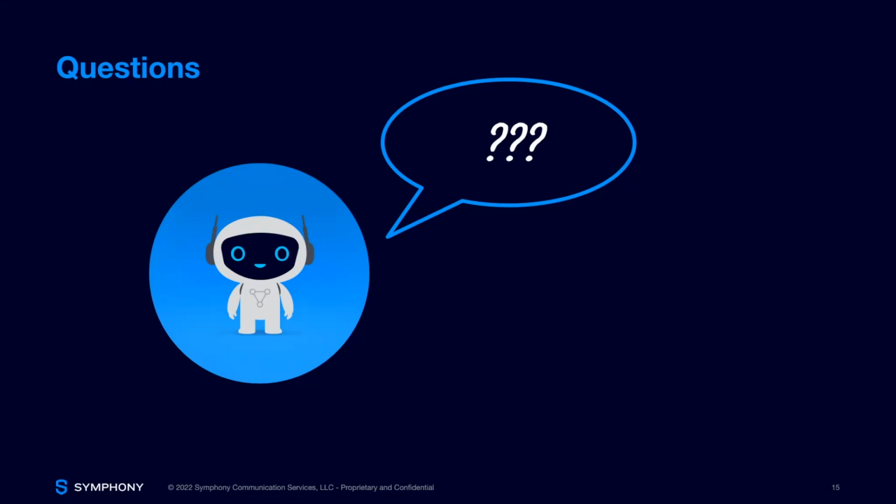In relation to the training material for ECP, the Symphony Developer Relations Team is currently building out the embedded collaboration platform development course, which will be freely available for anyone on the Symphony Developer Center, which can be found at developers.symphony.com. We would encourage you to sign up on the Symphony Developer Center and check out the Training Center section so you don't miss out when the ECP development course is made available.